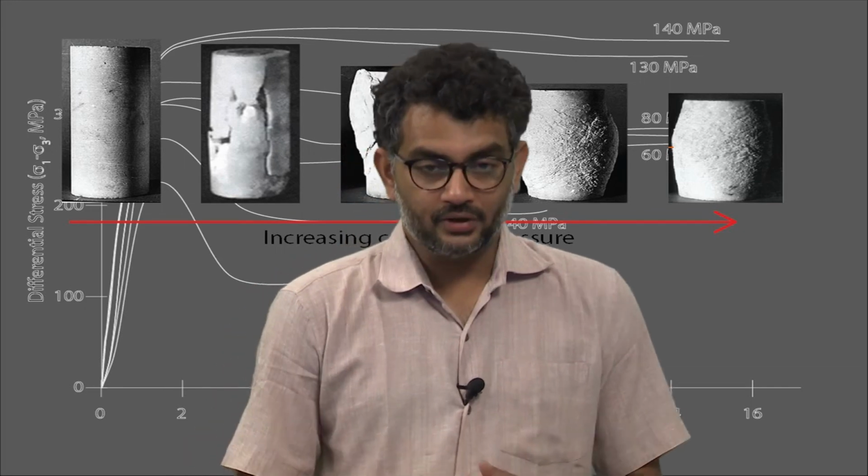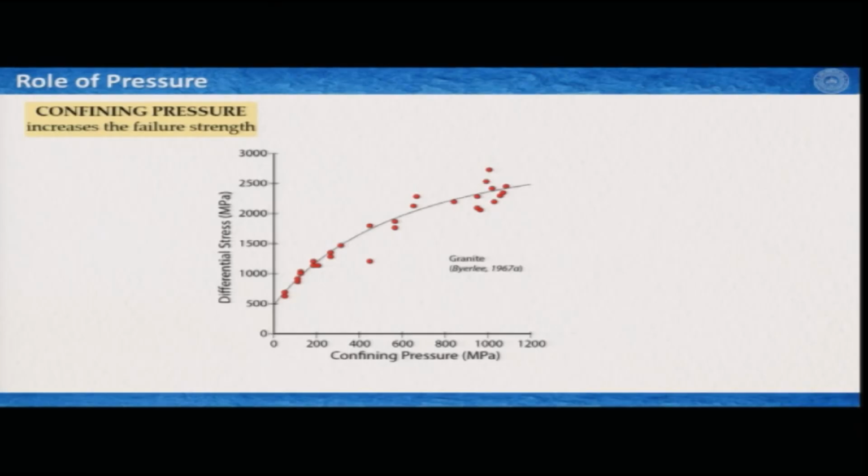Now, we can see it in a different way. This is another experiment on granite performed by Byerlee. On this side again we have differential stress, and on this side we have confining pressure, and we see that the strength of the rocks increased gradually.